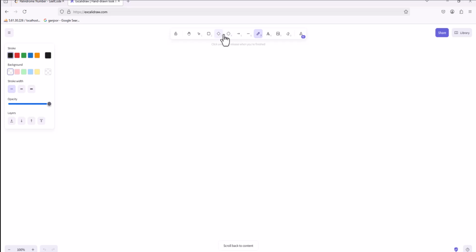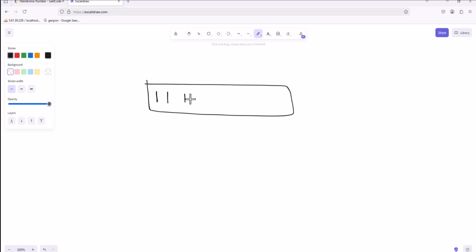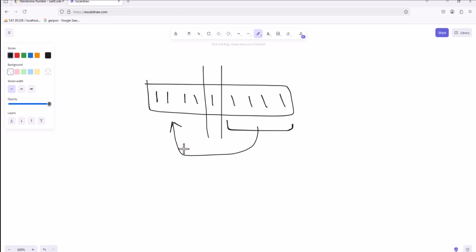If we have a number, 1 2 3 4 5 6 7 8 9, we can divide this something like this and reverse this and check if this is equal with this in the odd numbers.